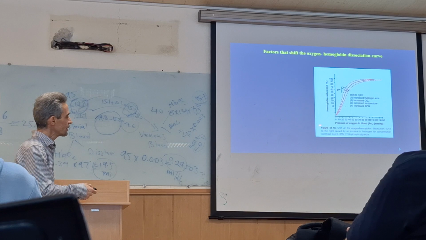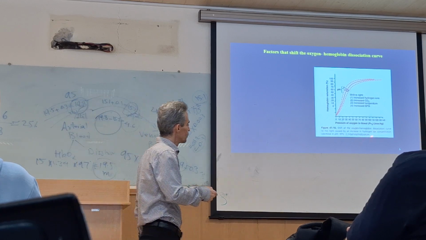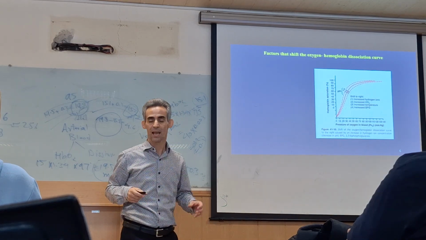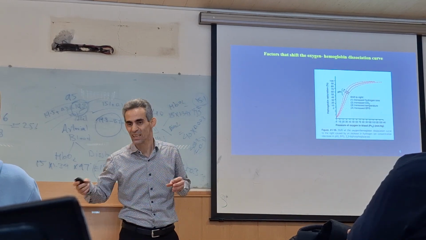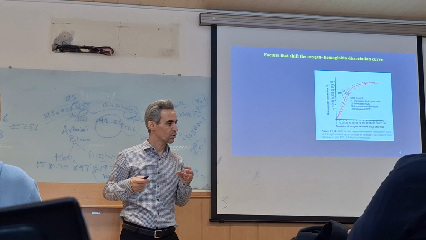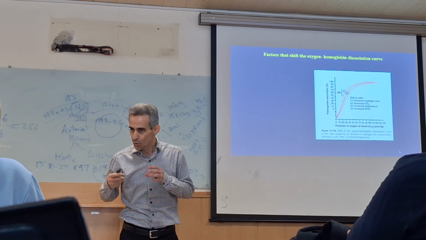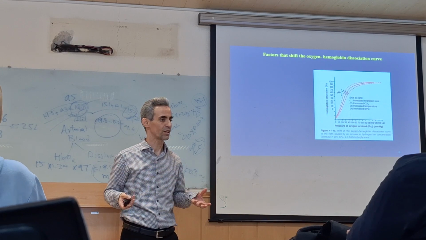In horizontal, you can see the pressure of oxygen. In vertical, you can see the amount of hemoglobin saturation. The amount of hemoglobin that can bind with the oxygen is the saturation.